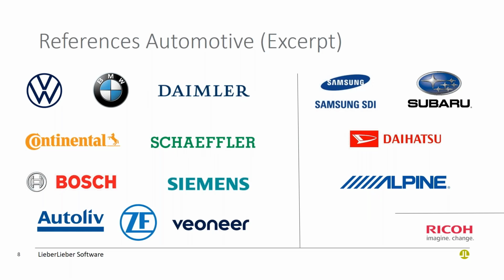It's companies like Volkswagen, Veoneer or Magna Electronics, or in Asia, groups like Daihatsu or Subaru or Samsung SDI, ZF. So there are plenty of companies in the automotive industry using our technologies.